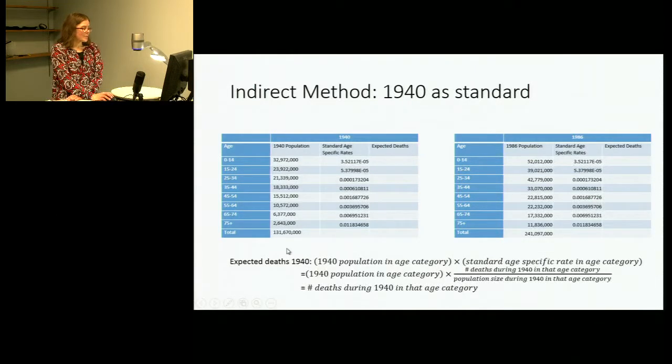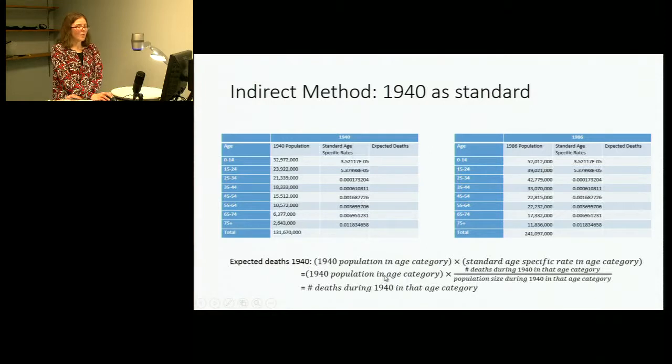So here in both cases we're using the same age-specific rates, which are our standard ones from 1940. We're multiplying for 1940, taking the size of the population in that age group in 1940 times the standard age-specific rate, which came from the 1940 population, remember.